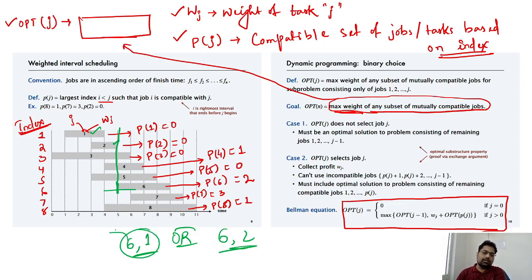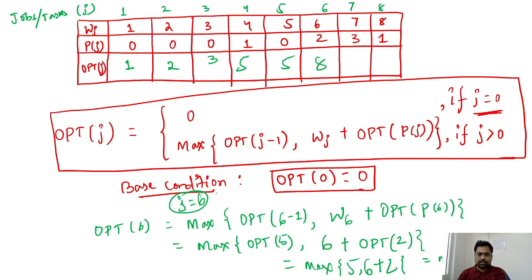So here the weight could be 7 and here the weight could be 8. So we are getting 8 now. So that is how we are getting the correct answer. So we are getting the correct answers for this OPT whichever we found.